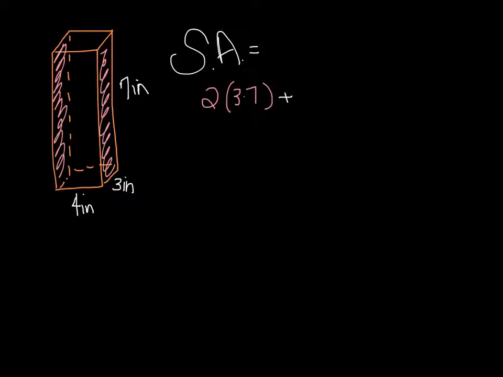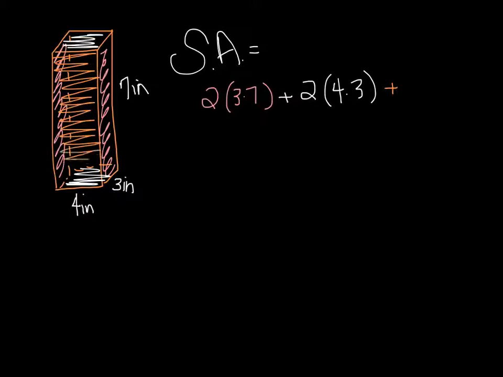Plus, let's say, the bottom and the top. So that's 2 faces, and each face is 4 times 3. Plus what is now left, the front and the back. And coloring like this, I kind of take care of both of them. The way that I would find the area of that front and back would be the 4 and the 7. And now I can just follow order of operations to get an answer.